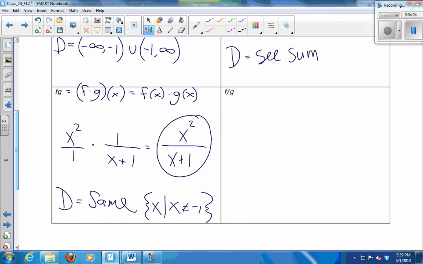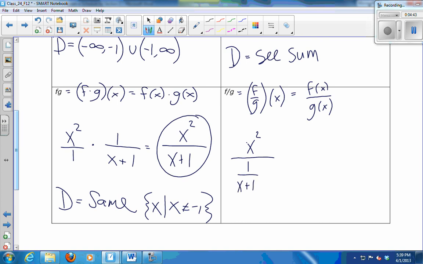All right, and then f divided by g. We could write this as just f over g, or f over g evaluated at x, or f of x over g of x. They all mean just take x squared and divide by 1 over x plus 1.